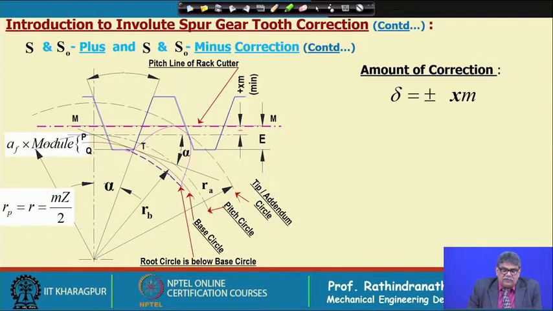Now, what we have done? We have withdrawn the gear by an amount delta. This means that the cutter is not being allowed to go full depth, and we are finishing the cutting process there itself, that is by the pink line, the pitch line.